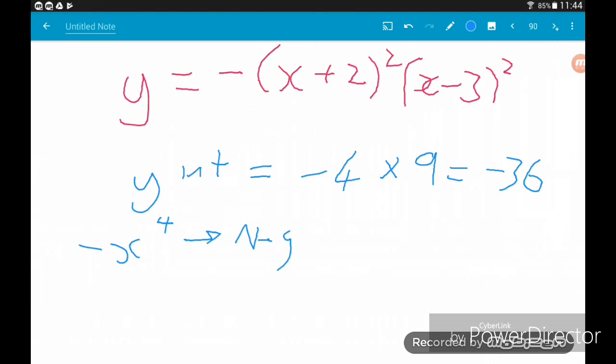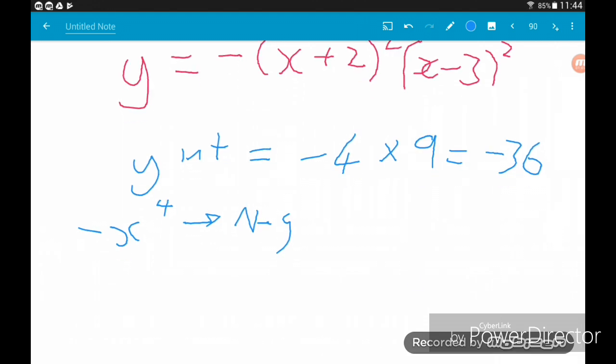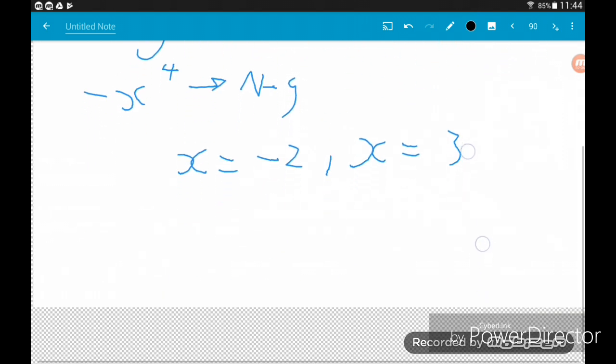And then we just need to think about the solutions. So x plus 2 squared would give us a double repeated root of x equals minus 2, and x minus 3 squared would give us a double repeated root of x equals 3. So we've got all the info we need.